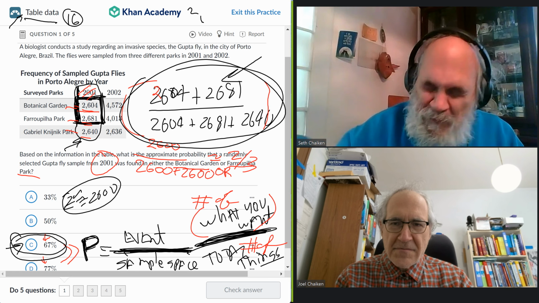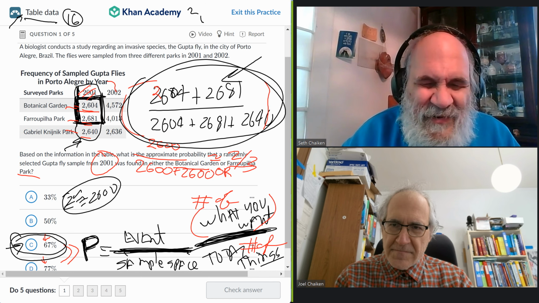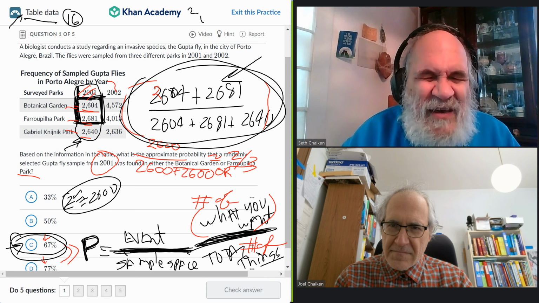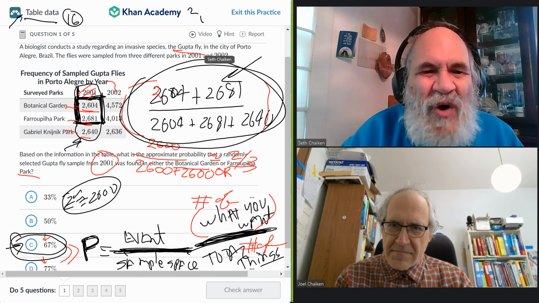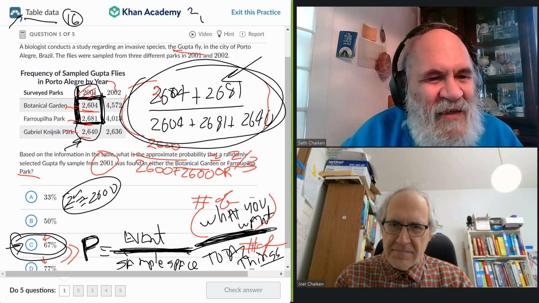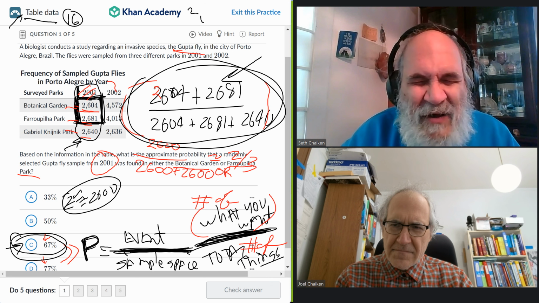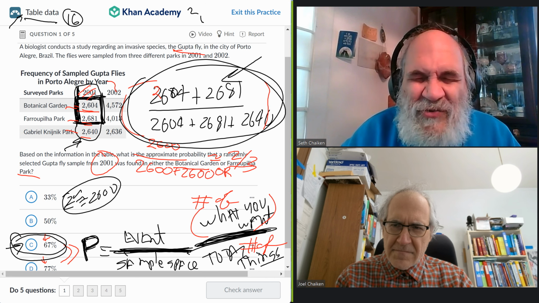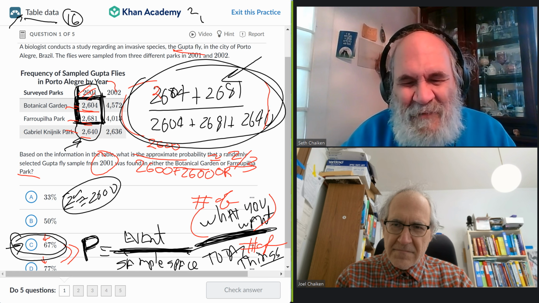So here, the things are the flies. Each thing is one Gupta fly. There are about 3 times 2,600, about 8,000 Gupta flies in the sample space.